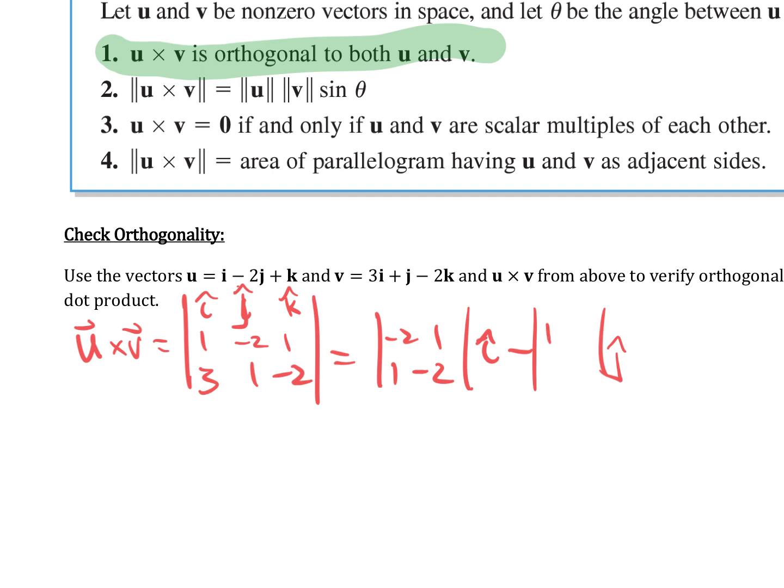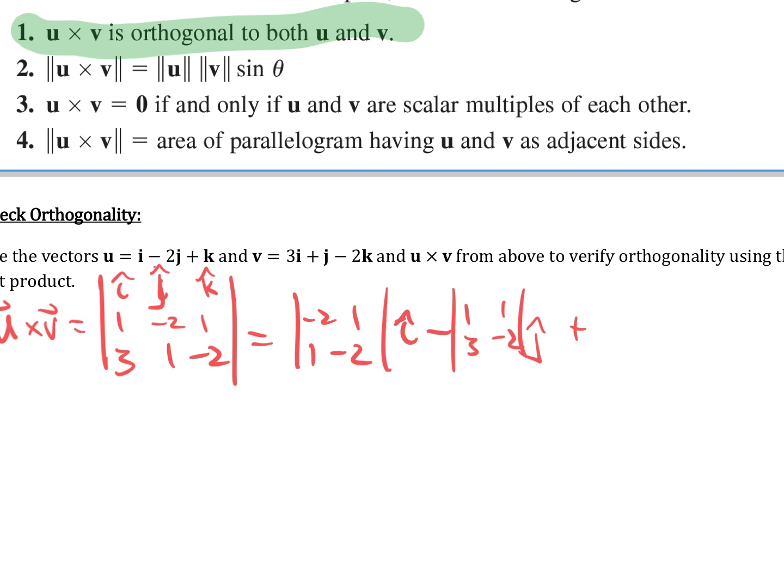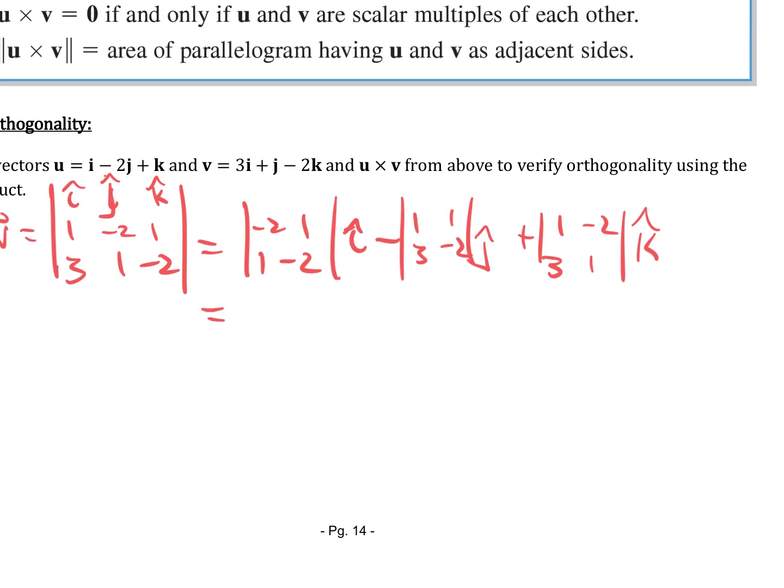All right, we get 1, 3, 1, negative 2, plus, and we ignore the K column, and we have k times the determinant of 1, negative 2, 3, 1, which gives us, we've got negative 2 times 2, that's 4, minus 1, which is, well, I'll just write it as 4 minus 1.